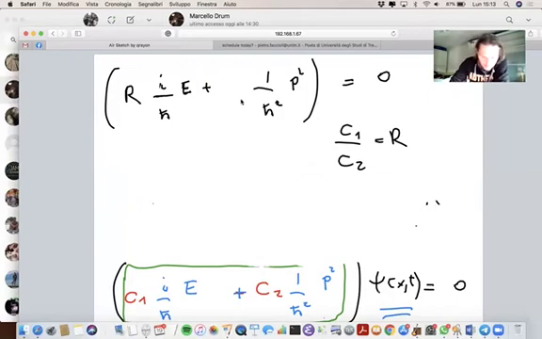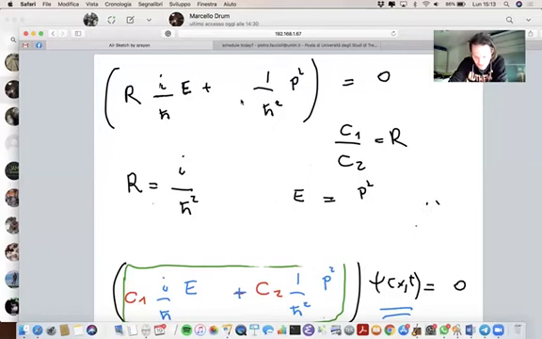So once again, I know that R must be proportional to i divided by h bar squared, but that's not good enough. If I get just R equal to i over h bar squared, I'm going to get E is equal to p squared, which is obviously not true.